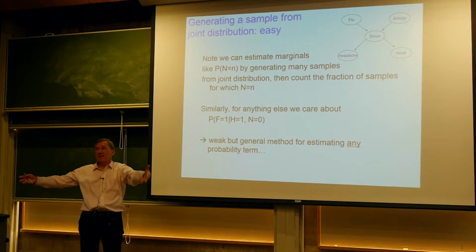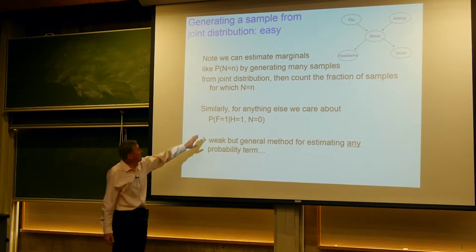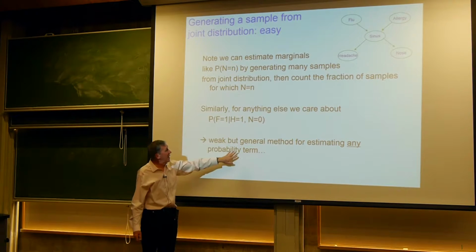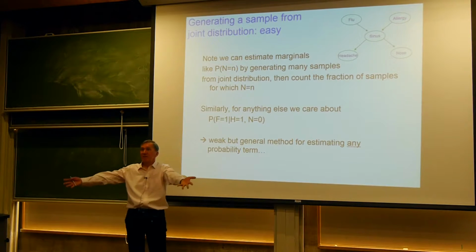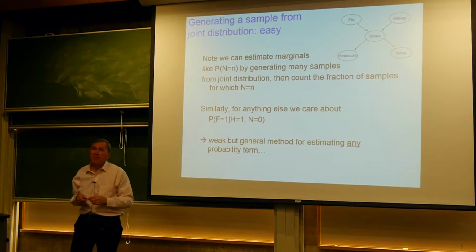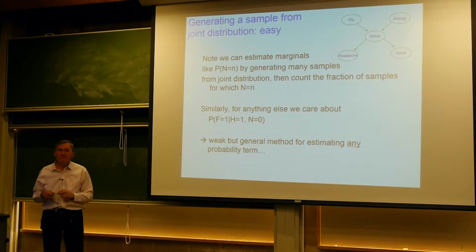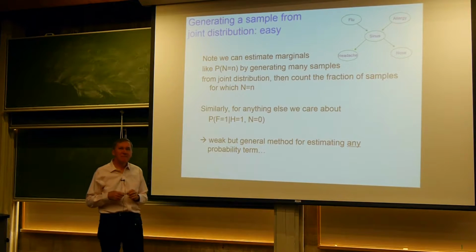They are drawn from that distribution. And given that data, we can then get anything we care about just by estimating it from this hallucinated data.